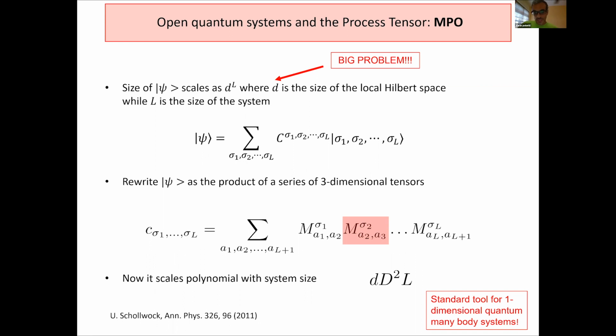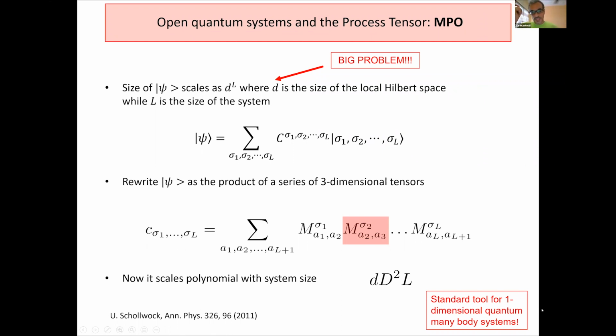Especially for 1D systems with local Hamiltonians. For other systems, this may not be exact, but you may be able, for example, when you do time evolution, in general this is not exact, but it may still allow you to describe the quantum system for long enough times. And a very good review for this type of problem is in Annals of Physics 2011 by Ulli Schollwöck.